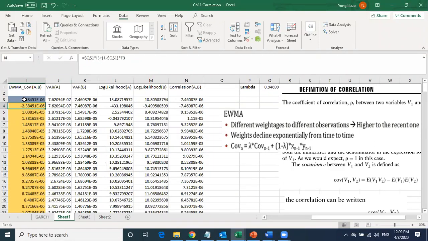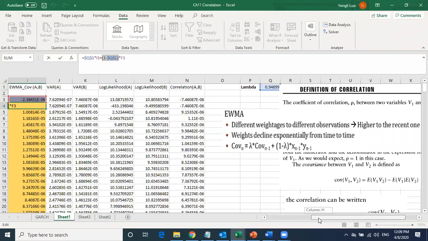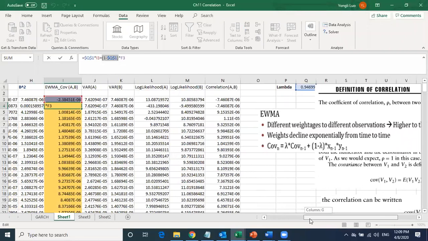I3, row 3 is the previous period covariance, plus 1 minus lambda, times the product of the returns of the two assets in the previous period.